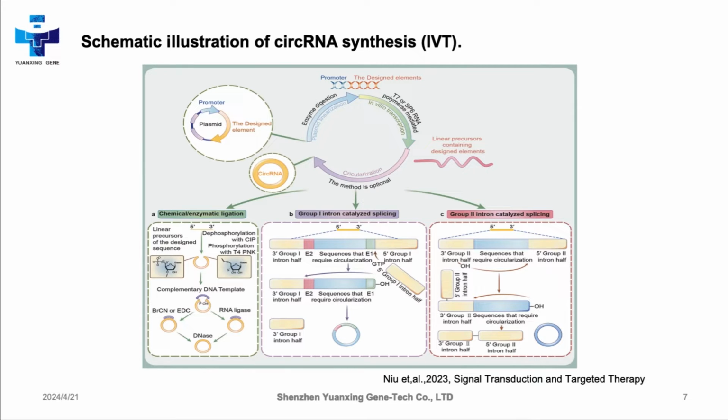Currently, the in vitro synthesis of the circRNA is primarily achieved through the following three methods: by the chemical or the enzymatic ligation, which relies on the complementary template to bridge the two terminals, and the ribozyme ligation, which includes the group 1 and the group 2 intron, which catalyze the splicing.